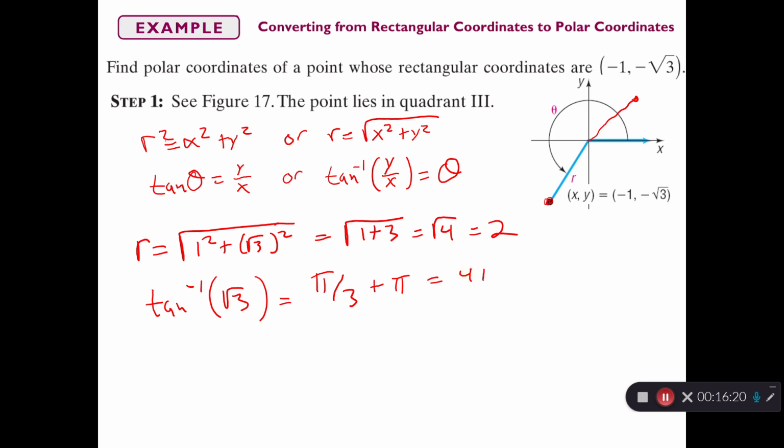So my actual answer would be 2 comma 4 pi over 3.